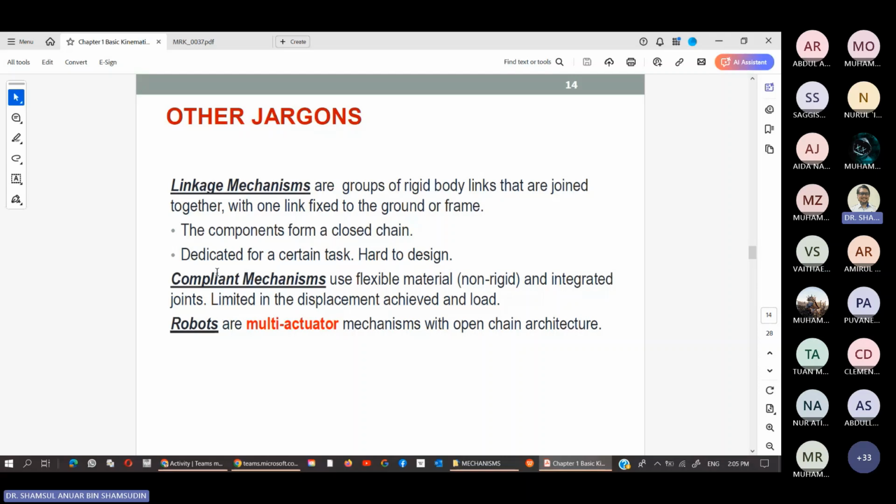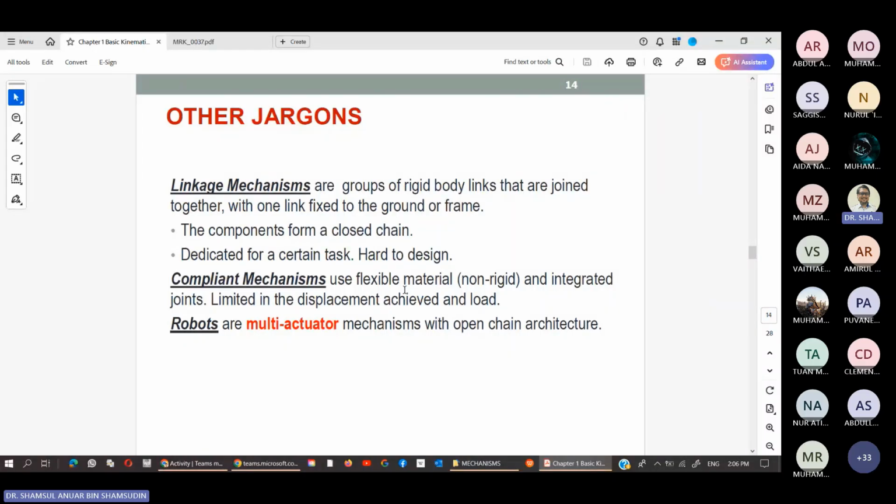But other than rigid body mechanism, we can also have compliant mechanism. Compliant mechanisms are not made using rigid bodies. They are flexible bodies. The components are made from some kind of plastics or even metals that can bend rather than being hard to bend. So they are made to be a much simpler machine.